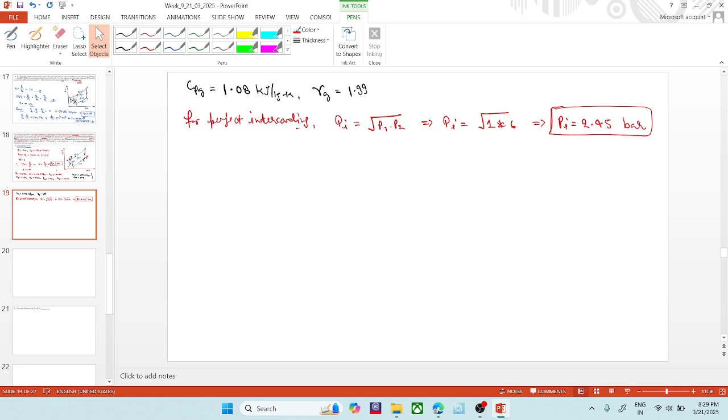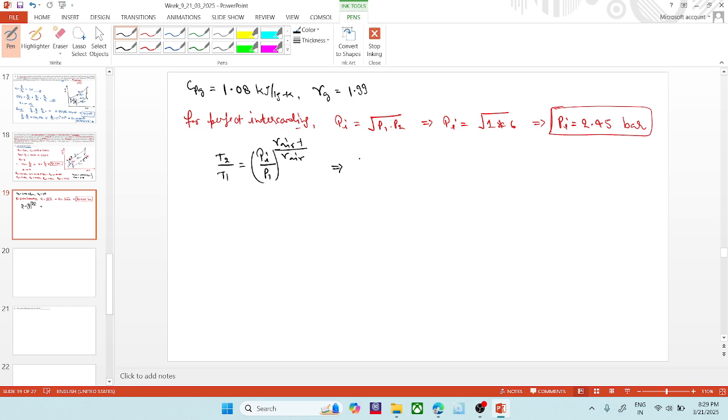So for the isentropic process, T2 by T1 would be the Pi by P1 to the power (gamma air minus 1) by gamma air, since the fluid is air only.